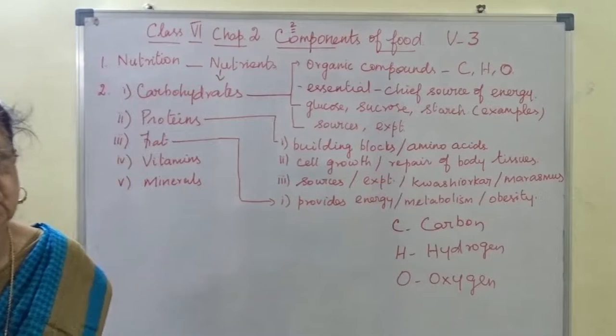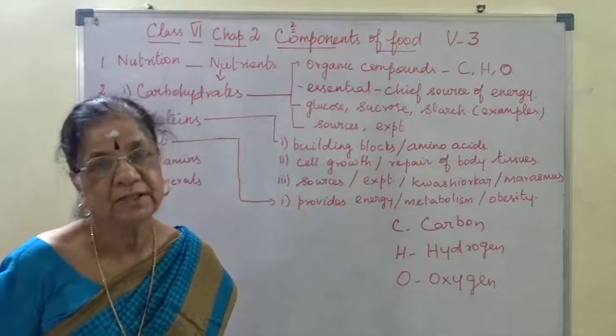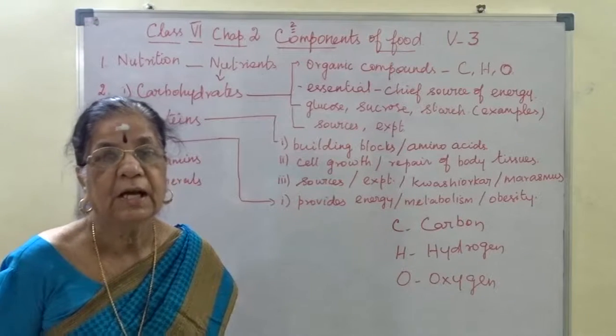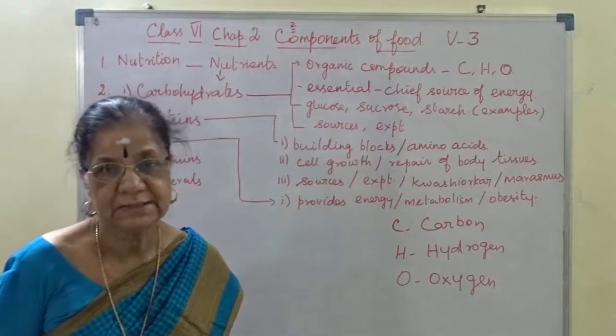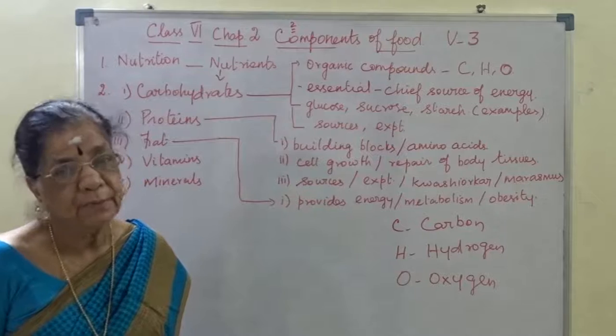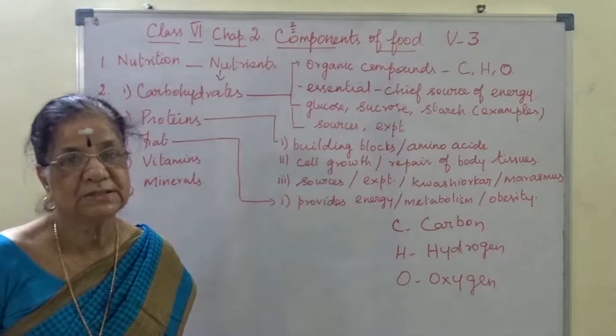Simple sugar, glucose that we eat, is a monosaccharide. The sugar we put at home is a disaccharide, sucrose. And starch is a polysaccharide. There are many molecules of carbon, hydrogen and oxygen.